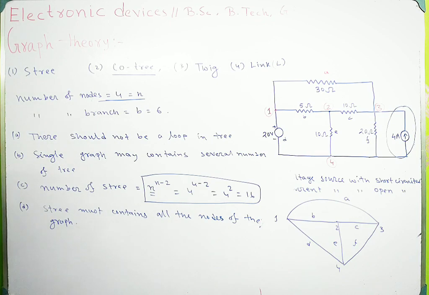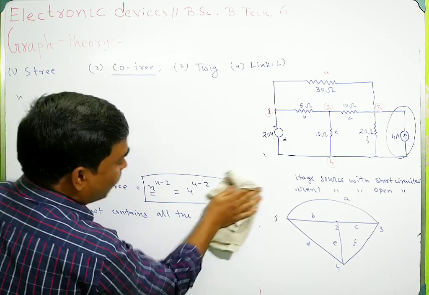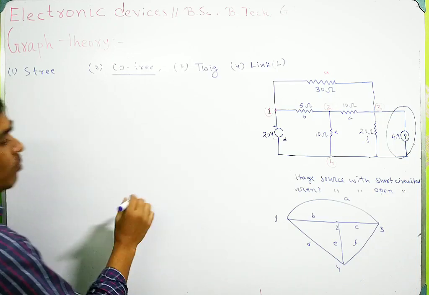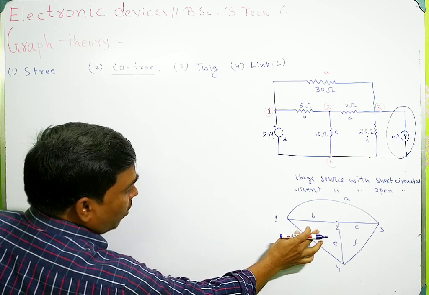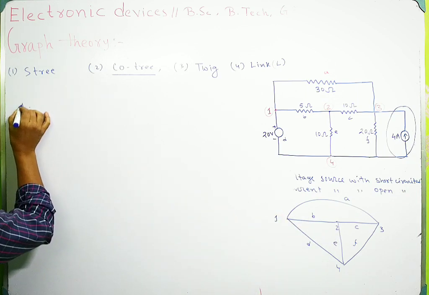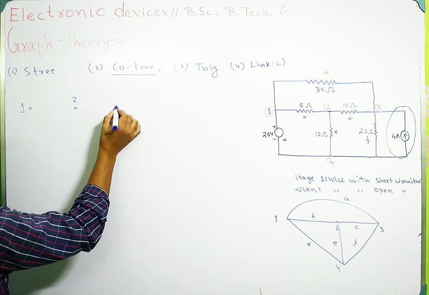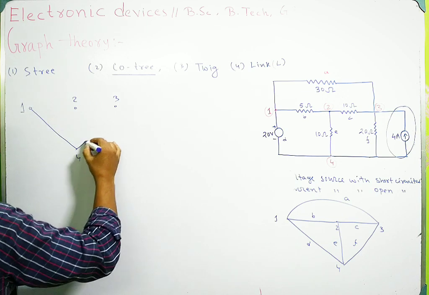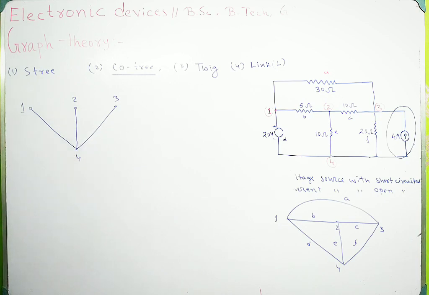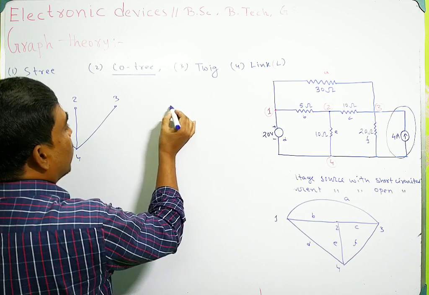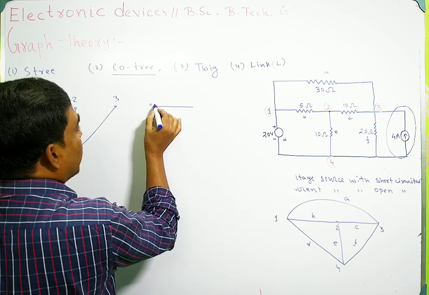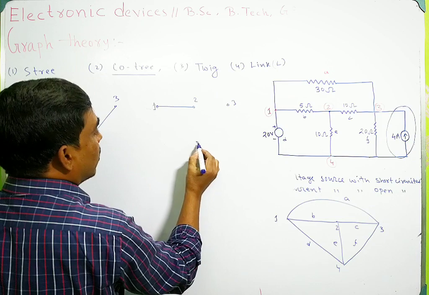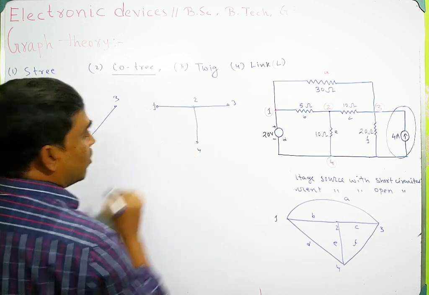What is a co-tree? We have already drawn one tree. Suppose this is node 1, this is node 2, this is node 3, this is node 4. Suppose this is one tree, and another tree is, suppose this is 1, 2, 3, 4.